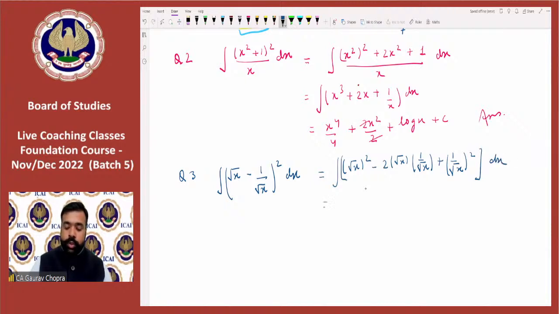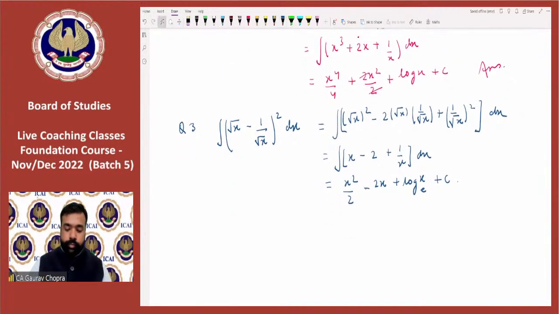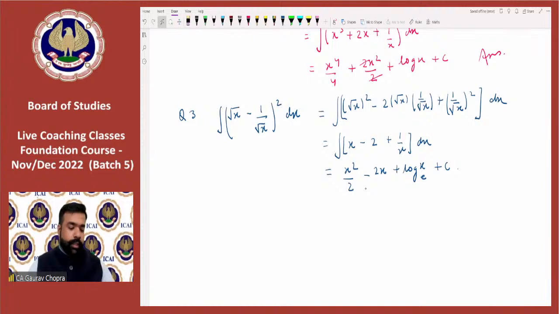So now how much will it become? Root x square becomes x, minus 2, and then plus 1 by x. So integral of x will be x square upon 2 minus 2x plus log of x with base e plus c.